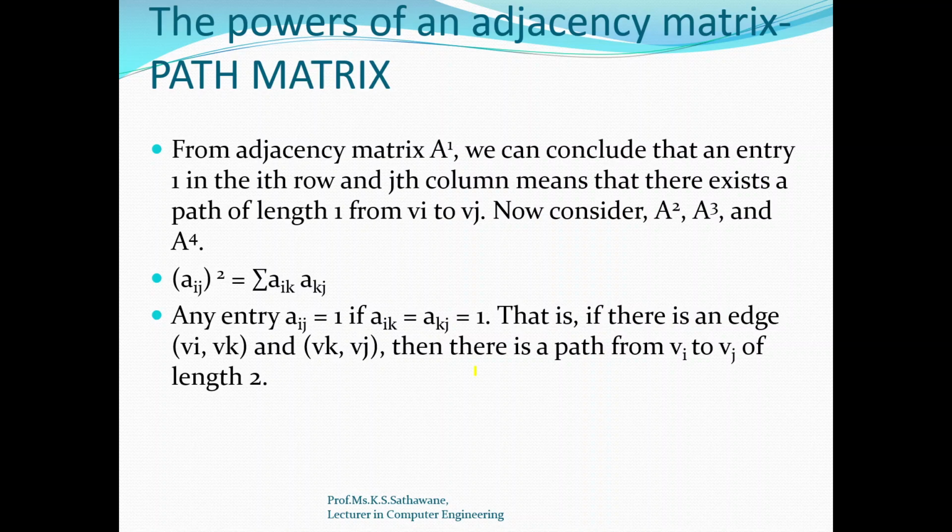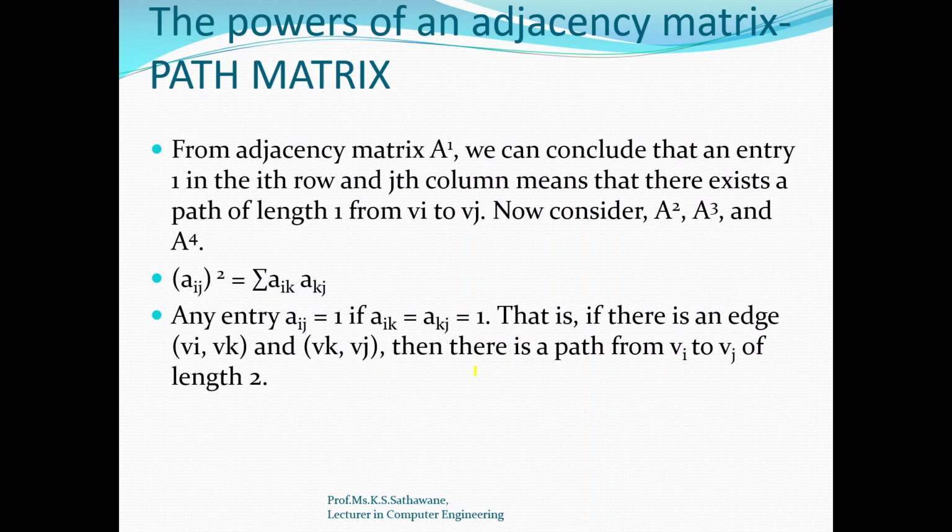Let's say you are having a node Vi and a node Vk. There is no direct edge from Vi to Vk, but there could be an edge from Vi to Vj and then Vj to Vk. Means there are two edges in the path to reach from Vi to Vk. So that becomes the second power of the path matrix.